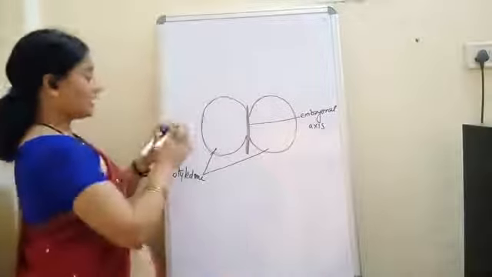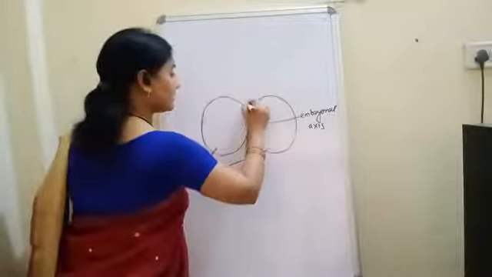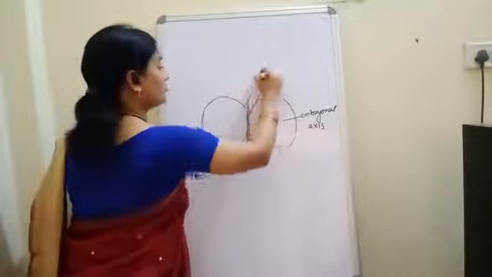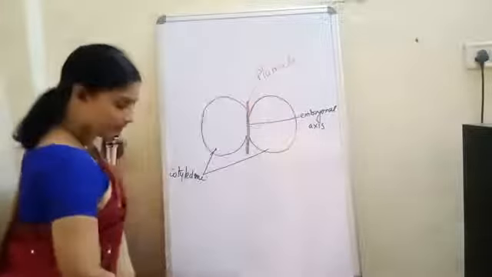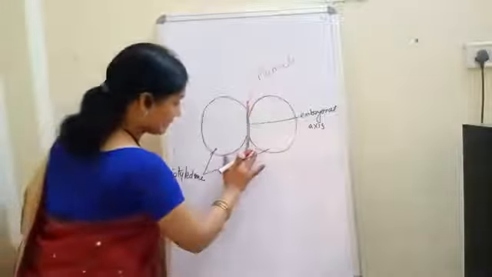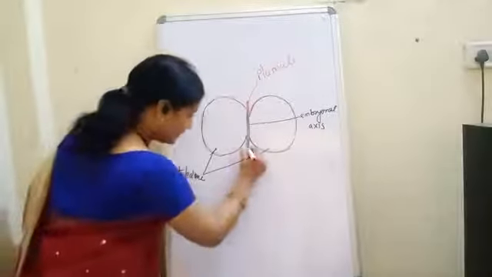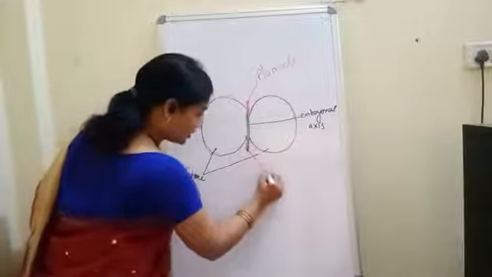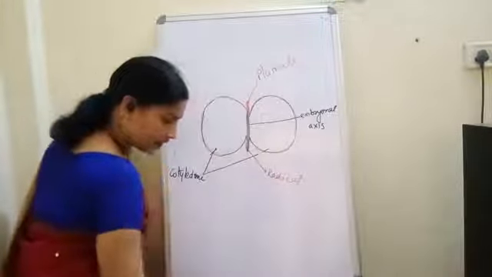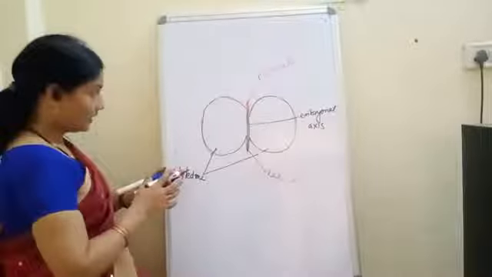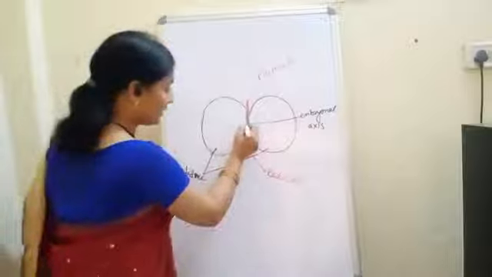Understood? The upper portion, this one, gives rise to the plumule, and from here we can get the radicle. So the lower portion is called the radicle, and there is a junction at which both the cotyledons are attached.